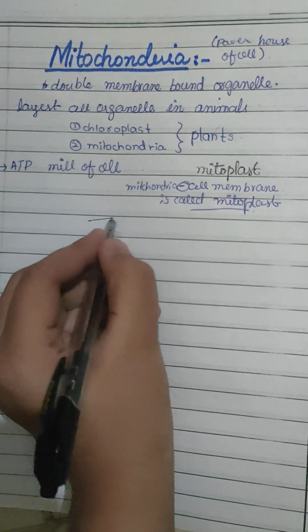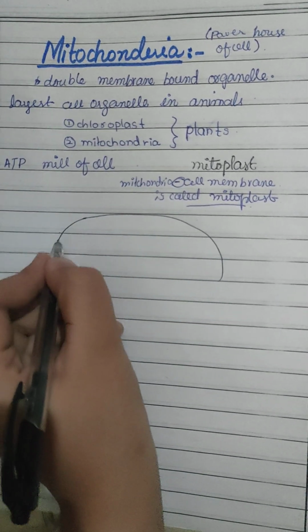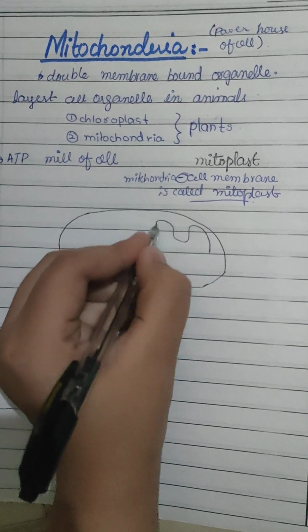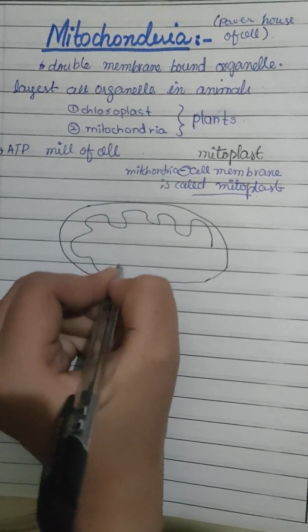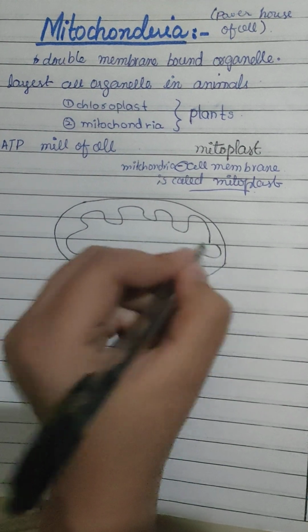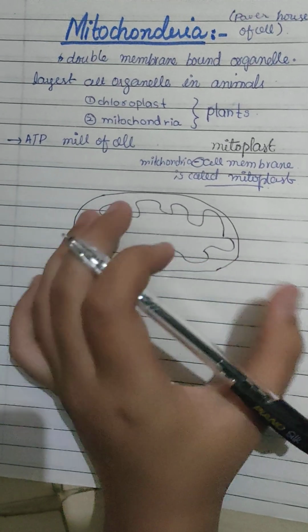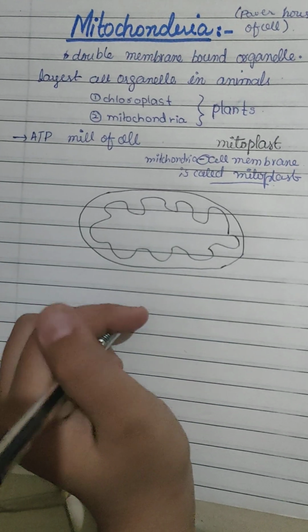Guys, now I'm going to make the picture of mitochondria so you can easily understand, right? Here we have folds. Now why in the mitochondria are folds important? So these folds basically increase the surface area of mitochondria, okay?